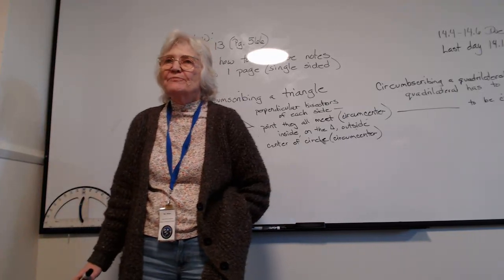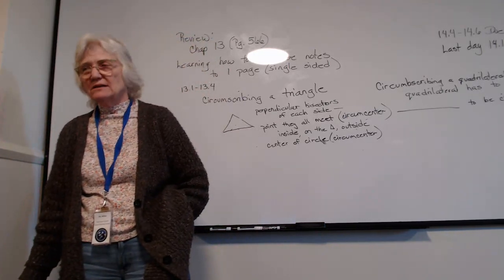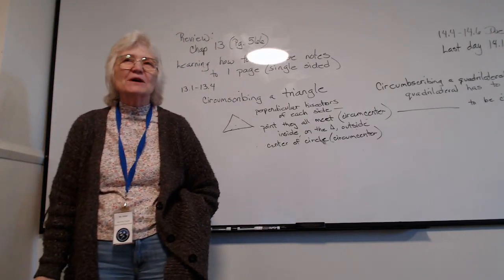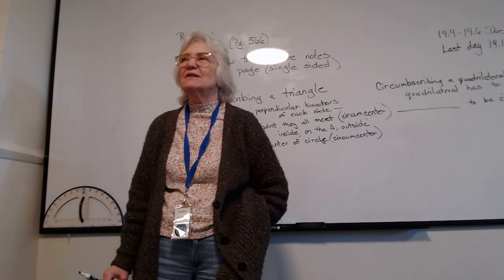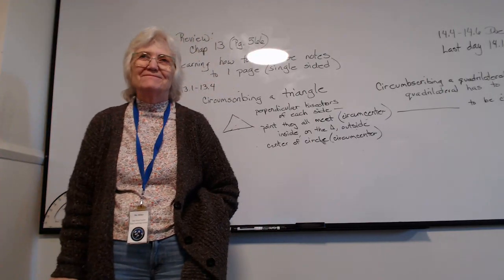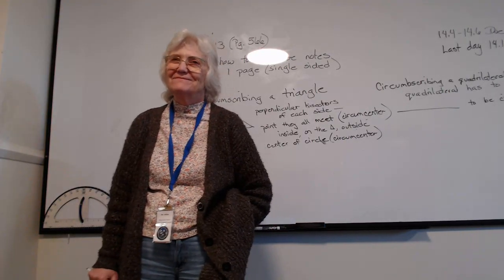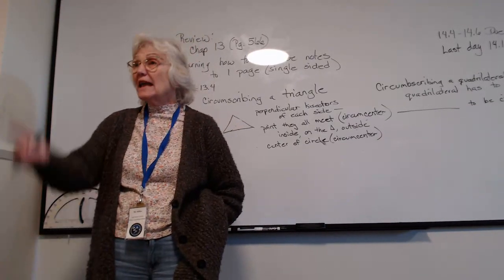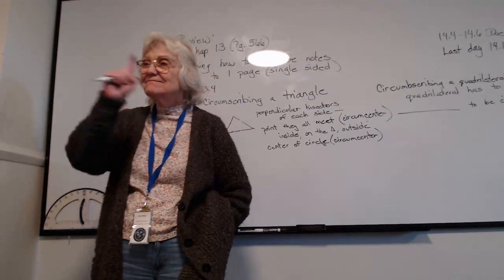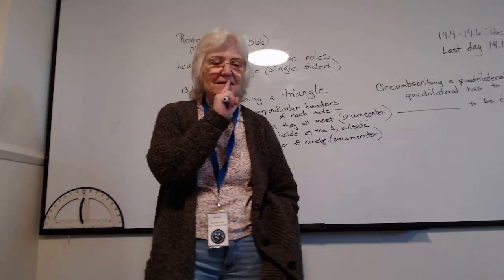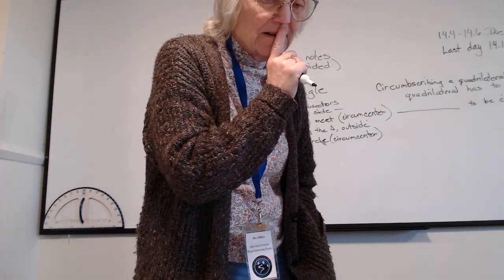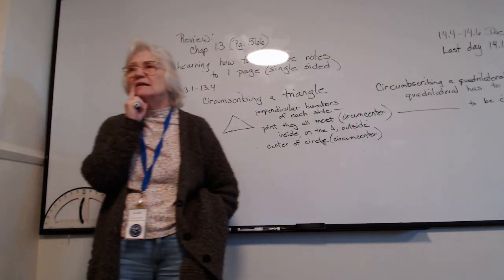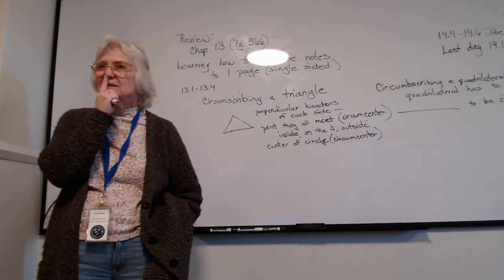Does it have a center point? Well, yeah, that's true, or could it be bisected? What is true about the angles of the quadrilateral? They don't have to be 90, but they can be 90. Should they be acute, or obtuse?